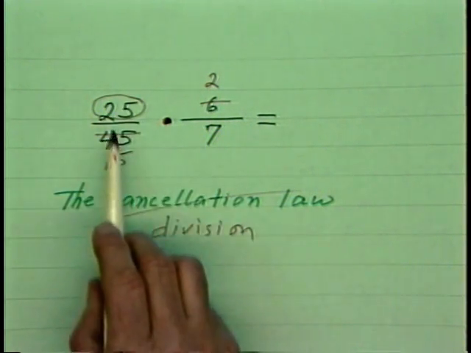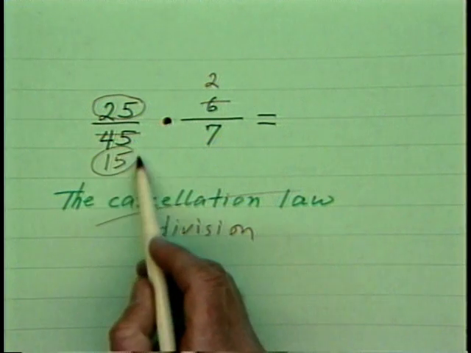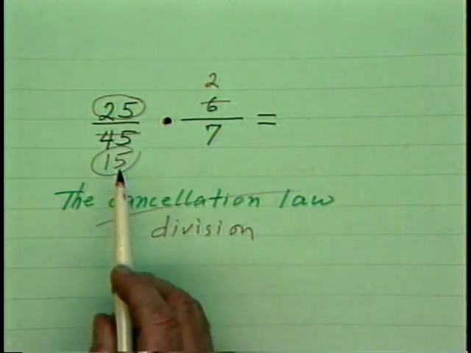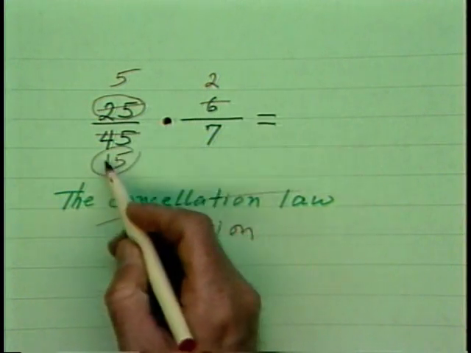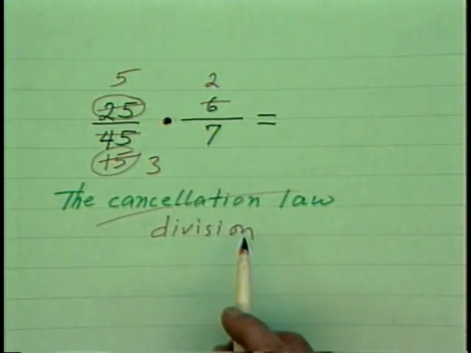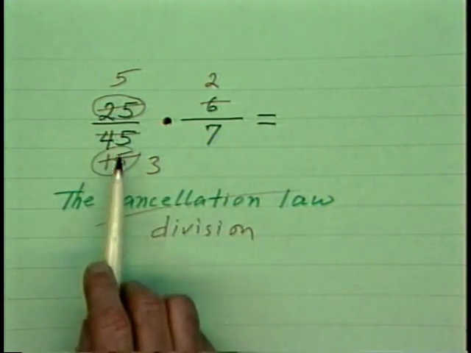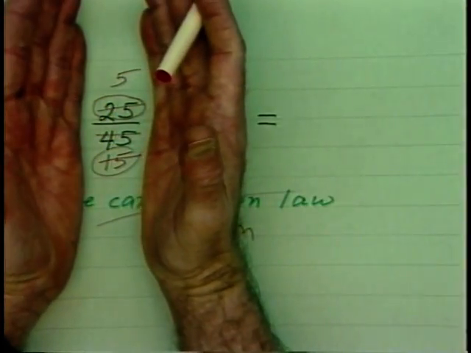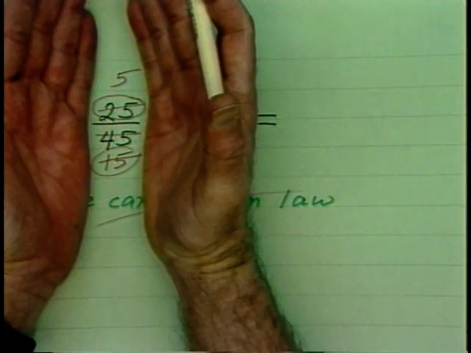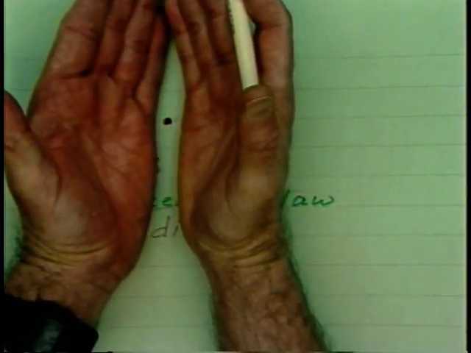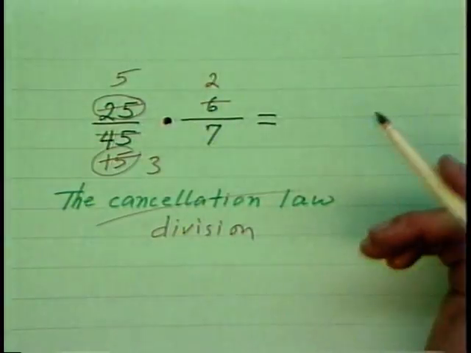And so in this case, I see I can divide each of these right above each other by 5. And of course here all I'm doing is reducing this fraction. And always remember, you can reduce any fraction anywhere we want in any problem, multiplication or otherwise.